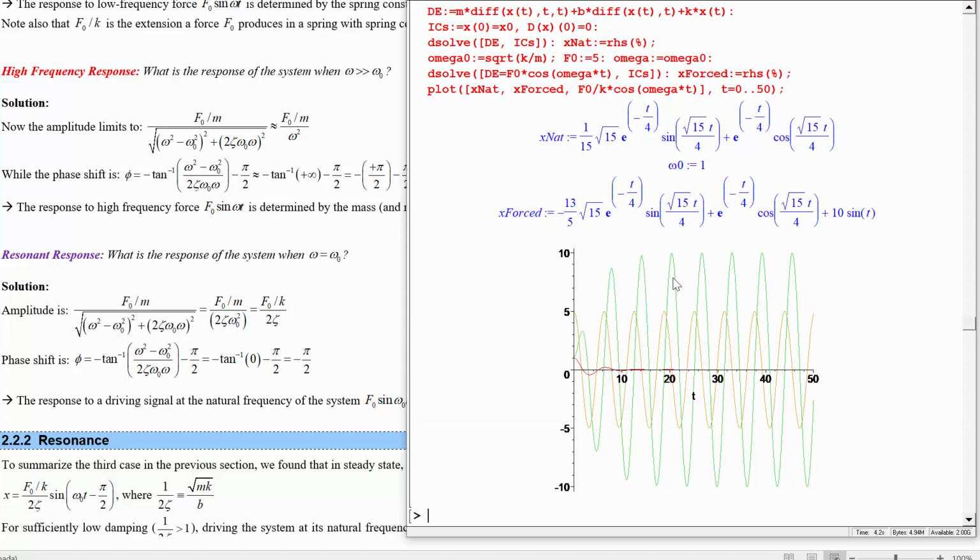Okay, so check this out. We've got a response here. This yellow one is still the same forcing function. This is what we're driving it with. And the green is the system response. So the mass on the spring responds with a larger amplitude than it would have had if we were just putting this force on it, right?